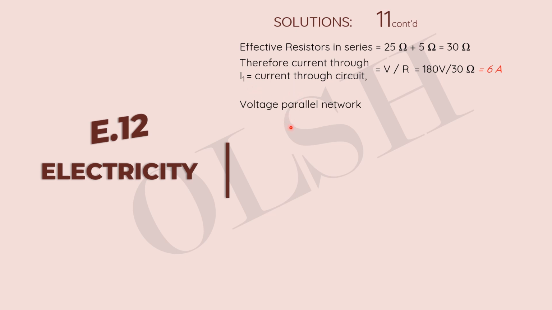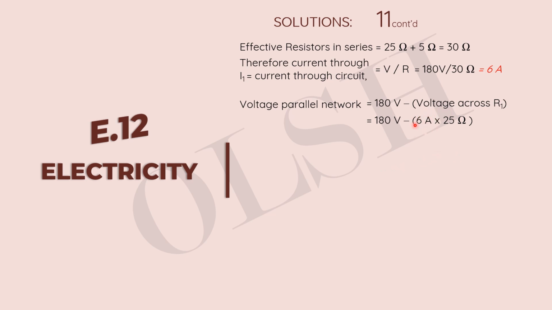So we need to find the voltage for the parallel network. The voltage for the parallel network is going to be 180 volts, being the voltage of the battery, minus the voltage across R1, which is 6 amps times 25. Remember that V is equal to IR.